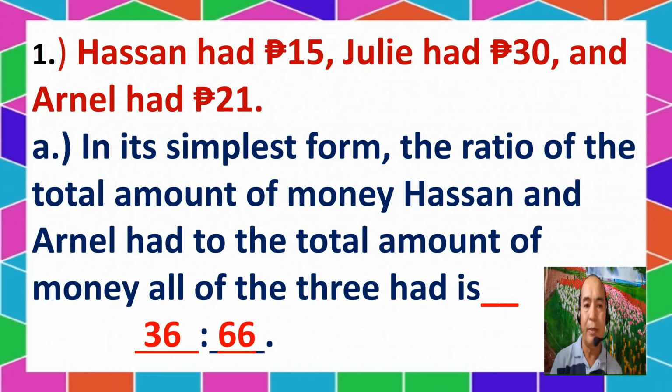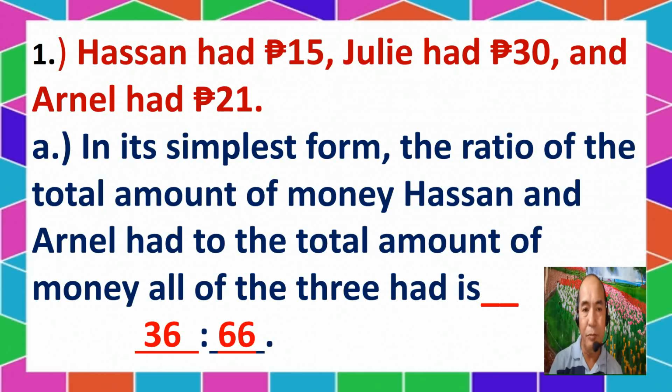So the total amount of money of Hassan and Arnel: we will add Hassan's money and Arnel's money. Hassan had 15 and Arnel had 21. So 15 plus 21 will give us 36. That is the total amount of Hassan and Arnel.